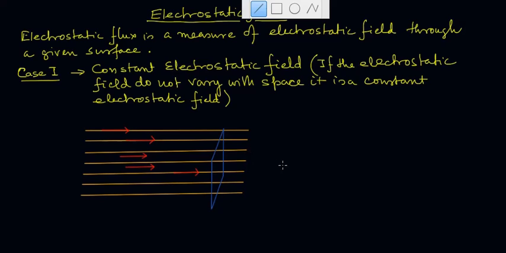Suppose this blue is a surface which is perpendicular to this field. Now what is the amount of the electric field passing through? This is also the electric field lines.